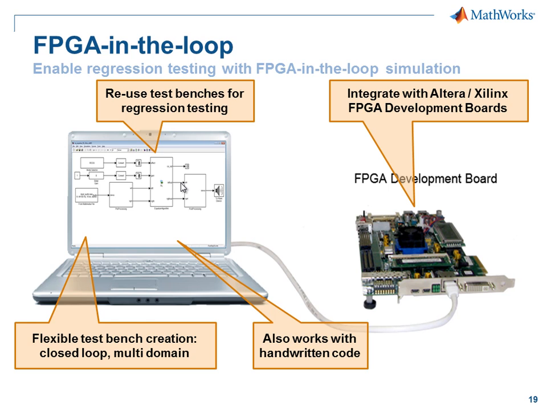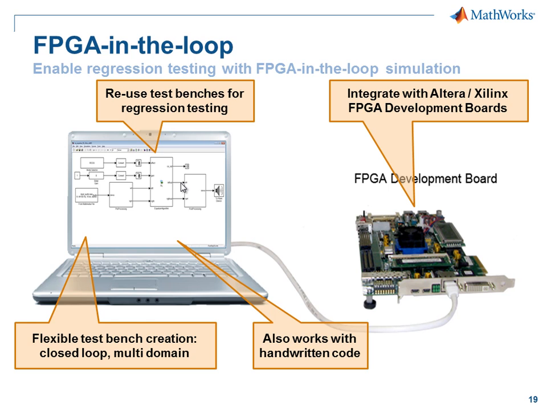And obviously, where HDL co-simulation works with handwritten code, FPGA in the loop also works with handwritten code. This capability is also provided by HDL Verifier. So HDL Verifier gives you the ability to co-simulate with HDL simulators, but it also provides you with the capability of co-simulating with FPGA hardware.